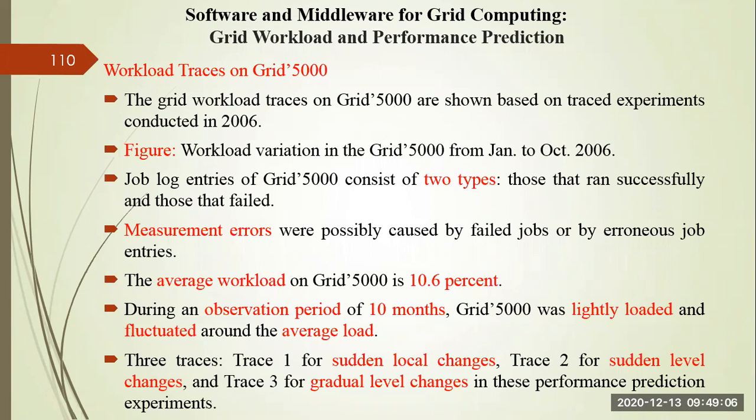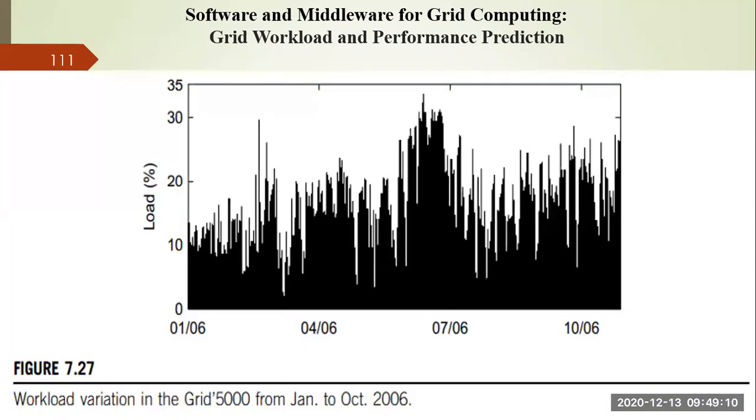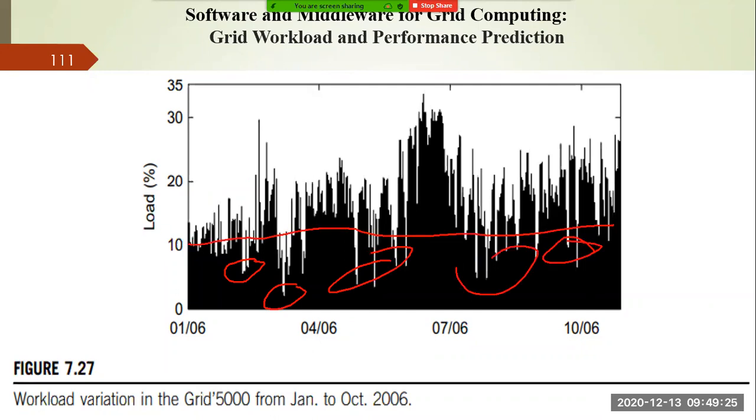What they observed here is that the average workload on the Grid 5000 system, in this forecast period especially, is only 10.6%. You can see in some cases it is below 10% only. If you see these ones, these are below 6, and this one is 10. So maximum time the resources are utilized below 10%.